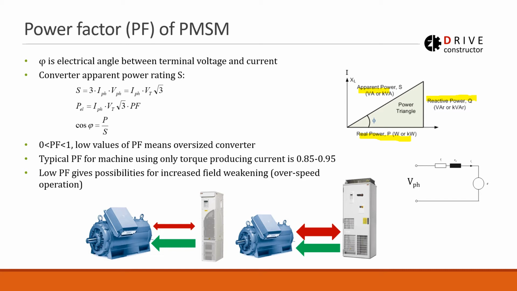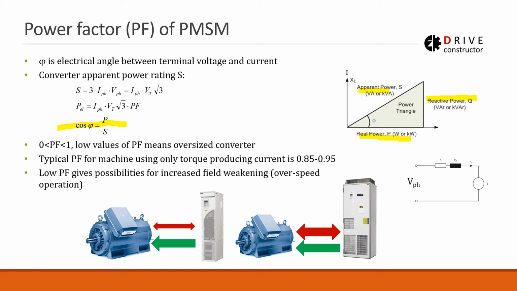Power factor is equal to cos phi if we have sinusoidal currents and voltages. It is more complex to define power factor if the voltage and current waveforms are distorted. Then we need to add some harmonic components, some harmonic coefficients.